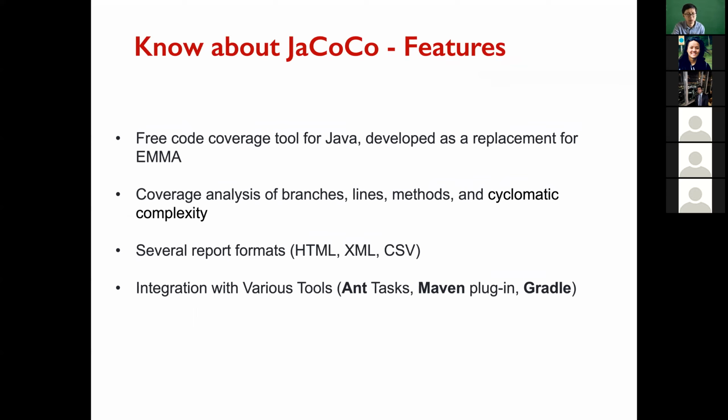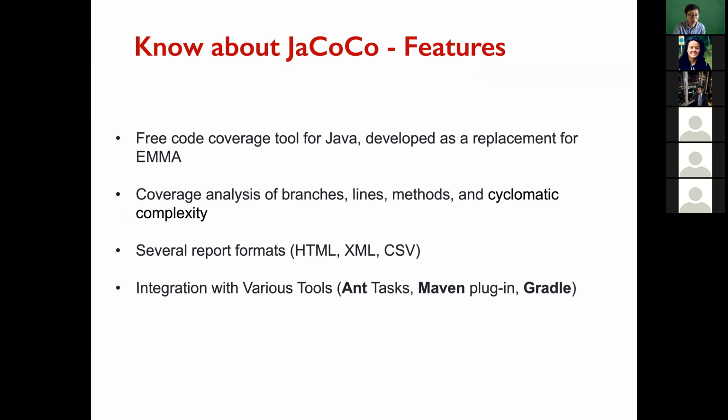It's a free code coverage tool for Java. It can do coverage analysis of branches, lines, and methods, and can also calculate the cyclomatic complexity, which is a complexity measure. You can have a report in HTML, XML, or CSV. If you report in HTML, it's easier for you to look at.